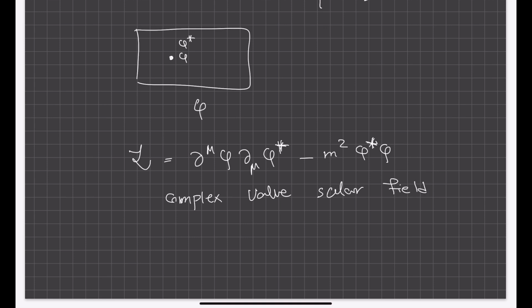Now we're going to see a very simple miracle here. Now we have some symmetry here, very global. I can take my phi, because it's a complex number, and multiply it by any phase which is global. Imagine I'm just multiplying my phi by a phase, and you realize that doesn't change my Lagrangian, right? It's so simple to see, because the two fields behave in a different way.